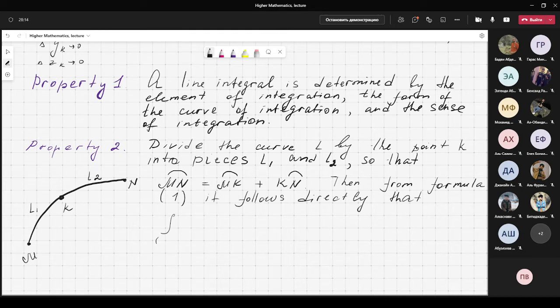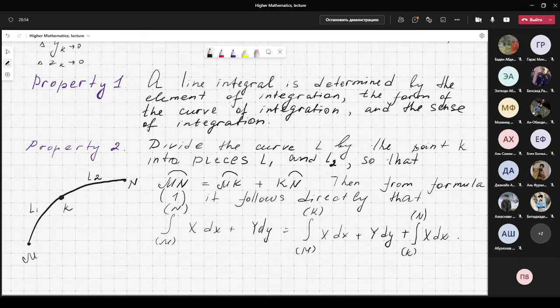the integral from M to N of X dx plus Y dy equals the integral from M to K of X dx plus Y dy plus the integral from K to N of X dx plus Y dy.